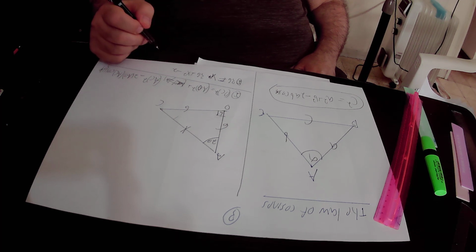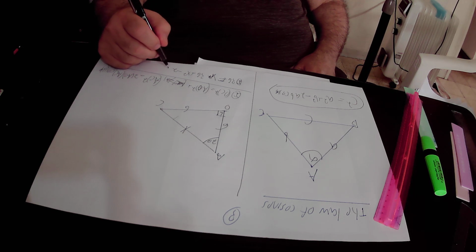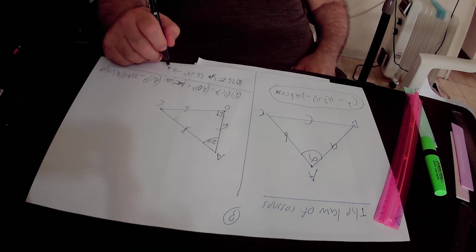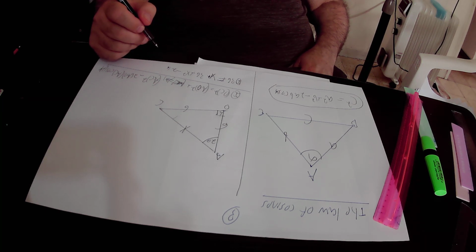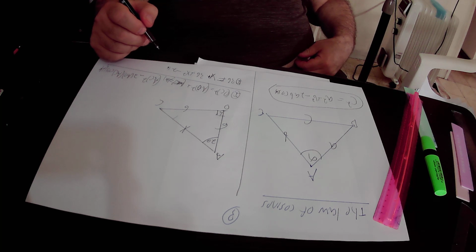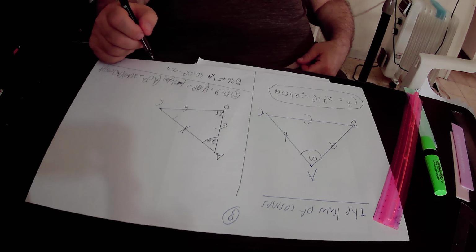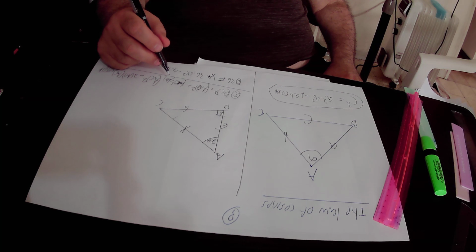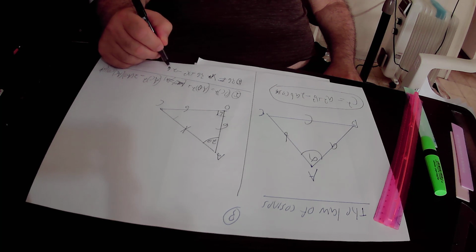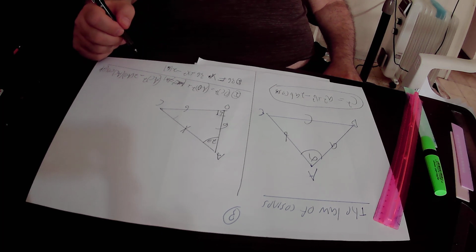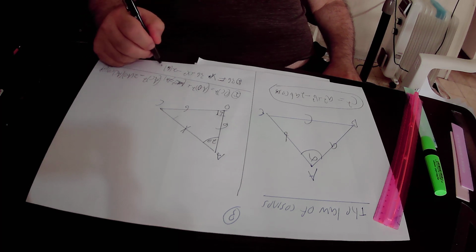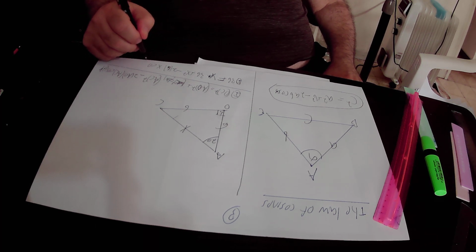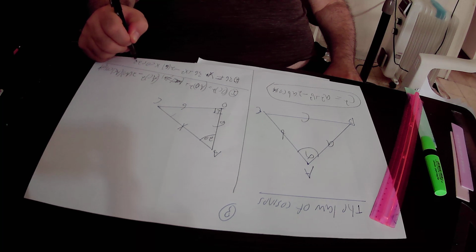Minus 2 times AO, that is 6, times AC, that is X, times cosine 2 theta.